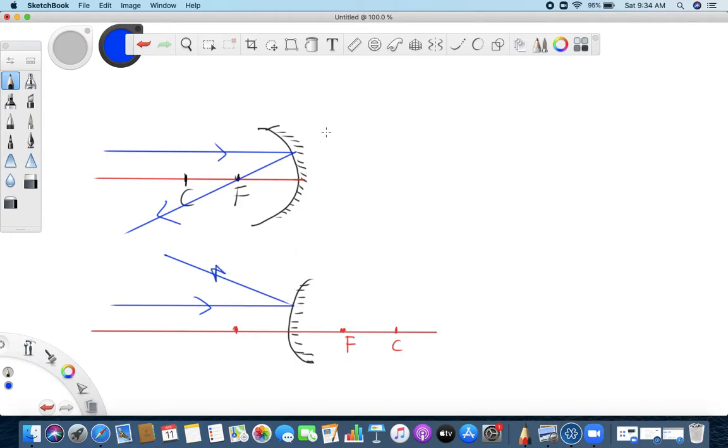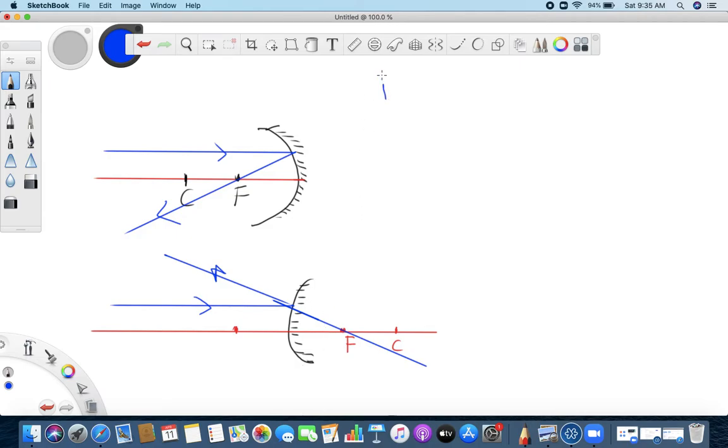But if you try to extend this light, it always passes from F only. So that is how. Here the F is on the left side, so it is going to give you a virtual image in the convex mirror, because in reality the reflected ray is going to be on the other side, but when you extend it, it passes from F only.